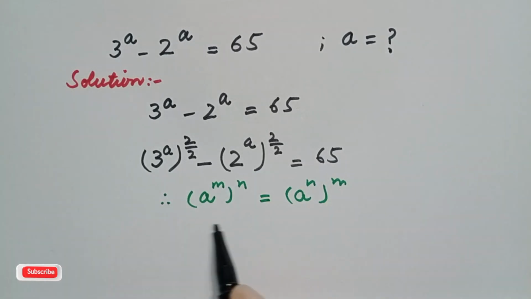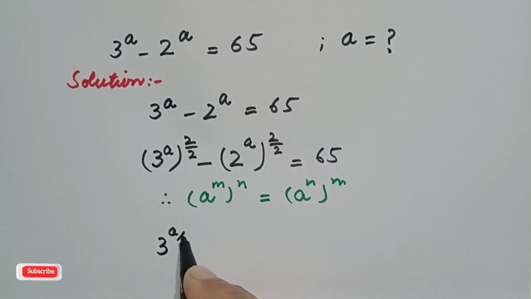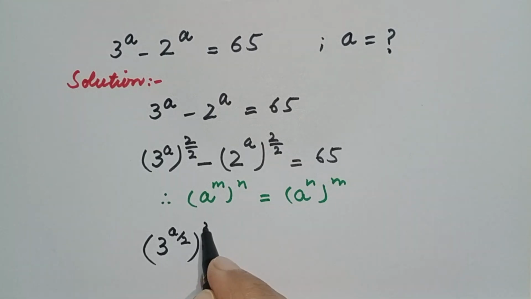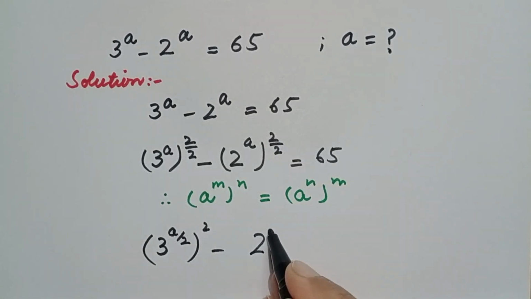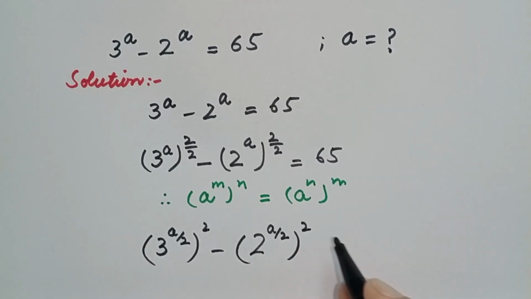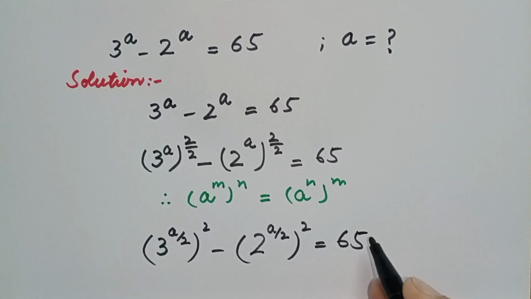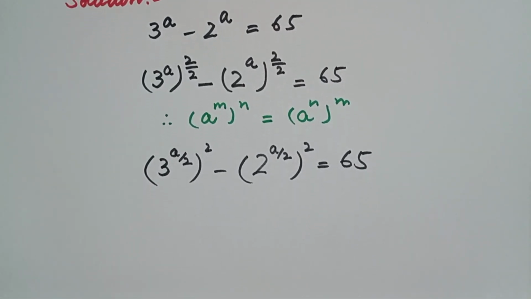By using this rule, we can write 3 to the power a over 2, bracket to the power 2, minus 2 to the power a over 2, bracket to the power 2, is equal to 65.